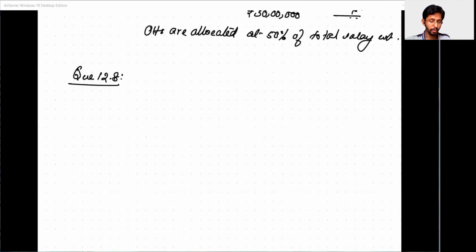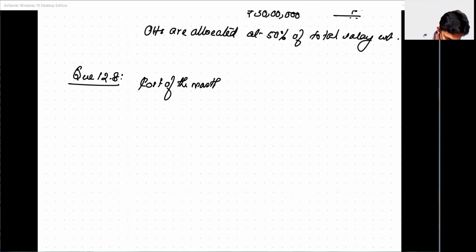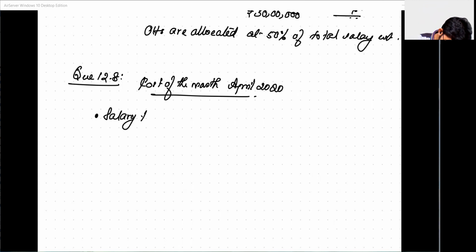So first we have to compute the cost for the month of April. So one by one, you can take the first cost, salary to staff.